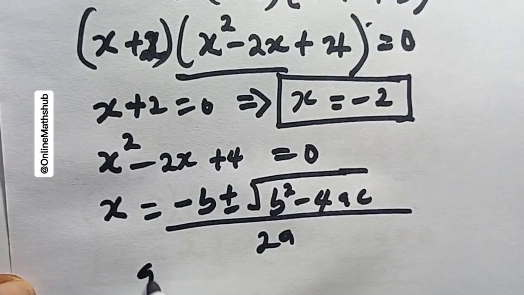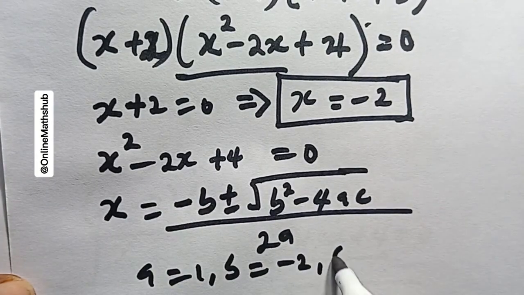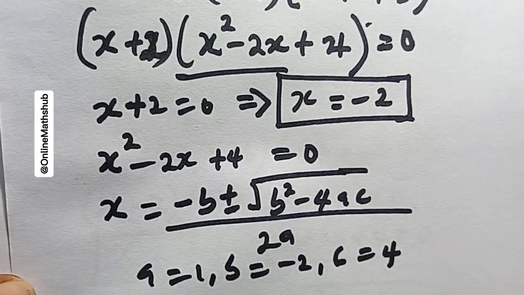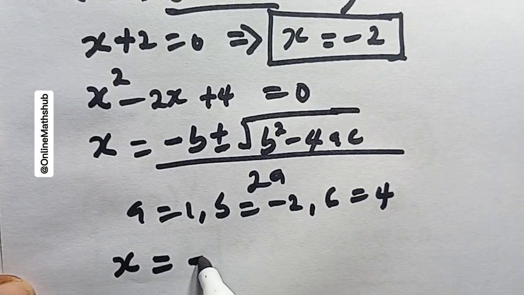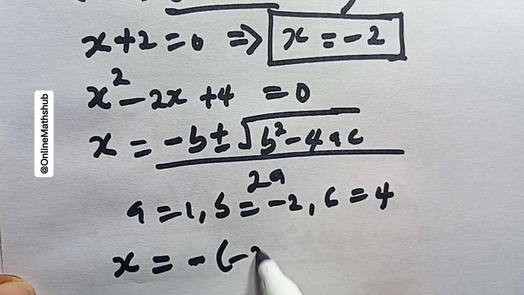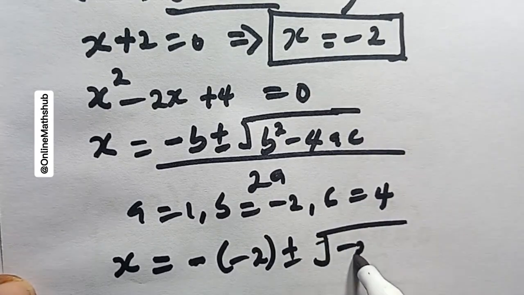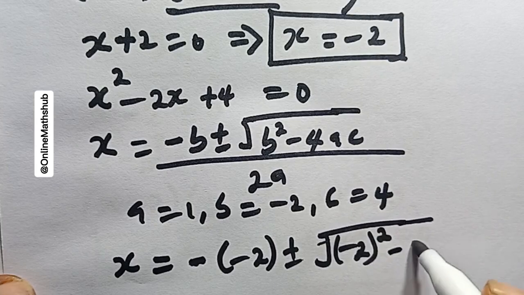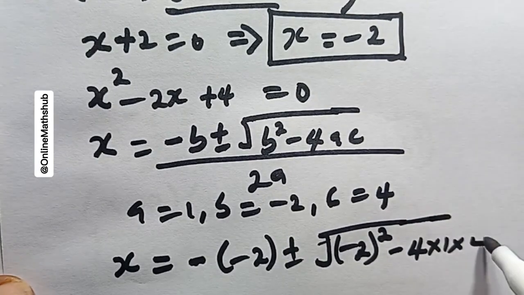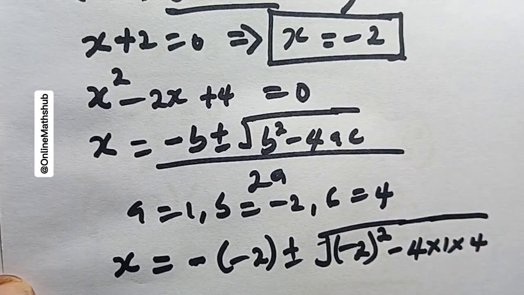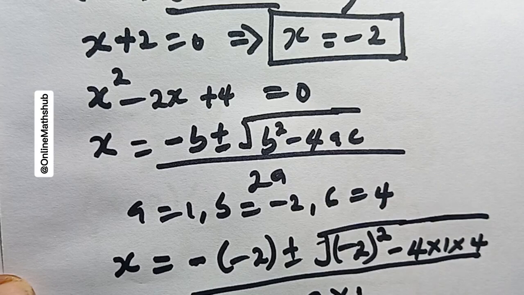In this case, a is equal to 1, b is equal to minus 2, and c is equal to 4. If we replace all of those values, x will be equal to minus, minus 2, plus or minus square root of minus 2 squared minus 4 times 1 times c, and c is equal to 4. All of this is divided by 2 times 1.